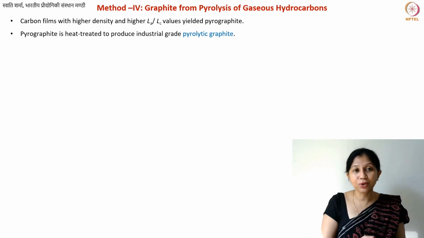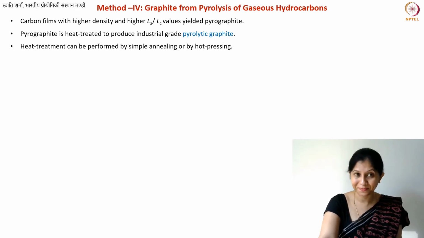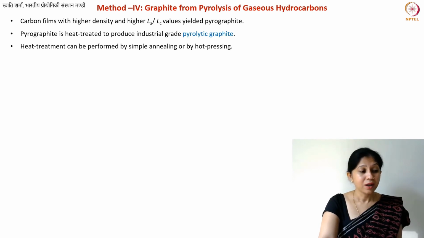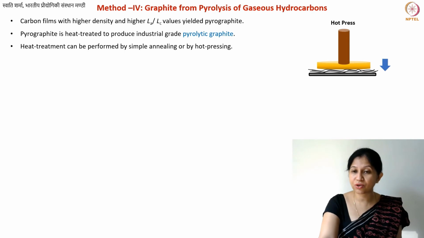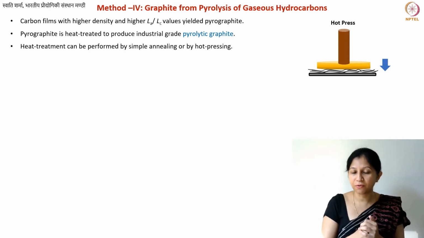So what you do is perform a heat treatment of this pyrographite, and what you get is known as pyrolytic graphite. How do you perform the heat treatment? For a film, the best option is hot pressing, because that also provides certain pressure to your film.